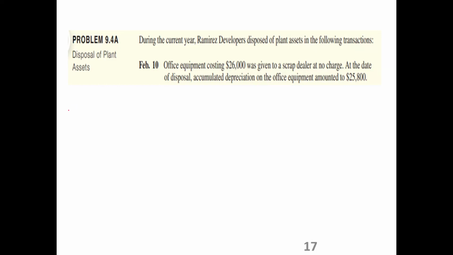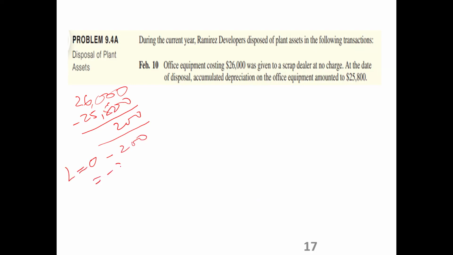So in this case, it's 26,000 minus 25,800, which will give us 200 book value. Since we are getting zero as the selling price here, and the book value is 200, we have a loss of 200.